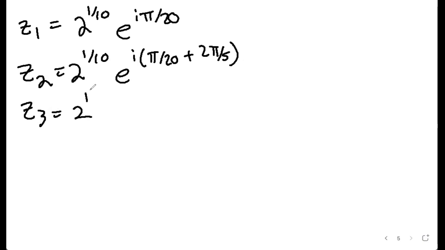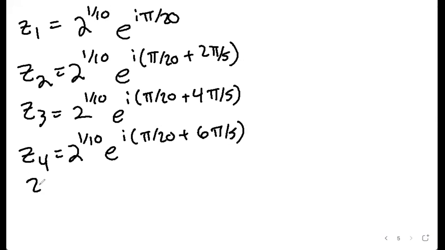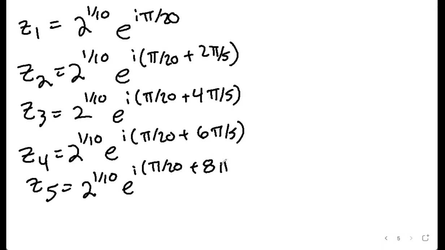So z3 will be 2 to the 1/10 e to the i pi over 20 plus, 2 times 2 pi over 5 will be 4 pi over 5. z sub 4 will be 2 to the 1/10 e to the i pi over 20 plus 6 pi over 5, our next multiple. And z sub 5 will be 2 to the 1/10 e to the i pi over 20 plus 8 pi over 5. And so we are done here.